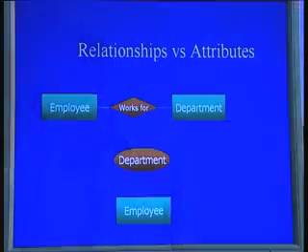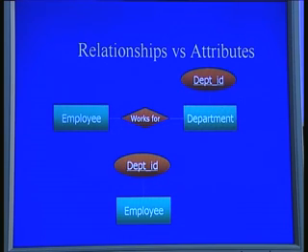Let me confuse this problem even further. Take a look at this slide here. In the earlier slide you could have probably said that no, department cannot be an attribute because department has an independent existence. We already saw that each entity type should have an independent existence, right? So because departments have an independent existence, they can't be an attribute.